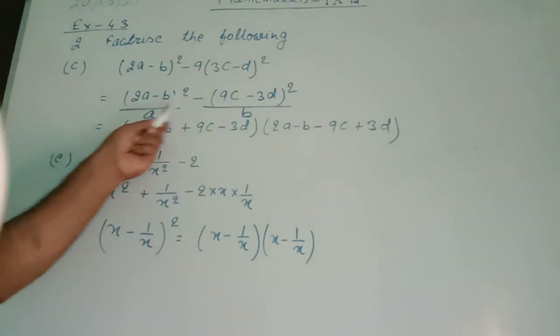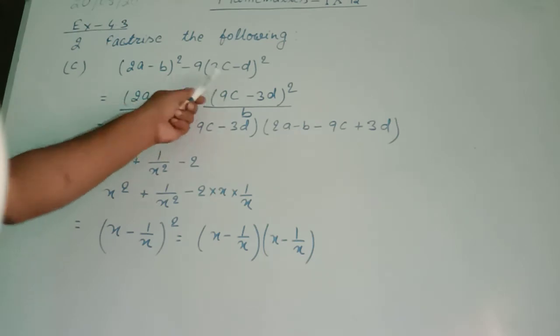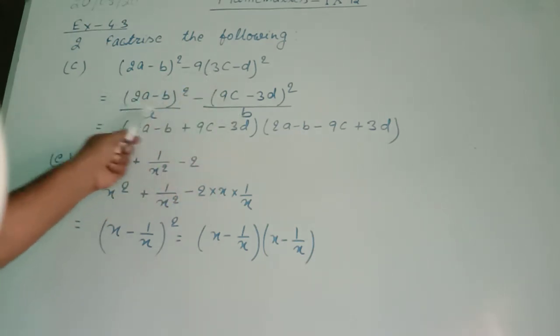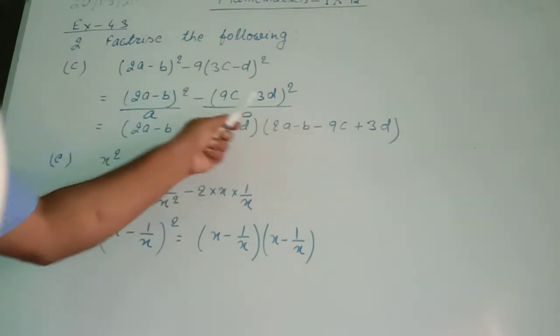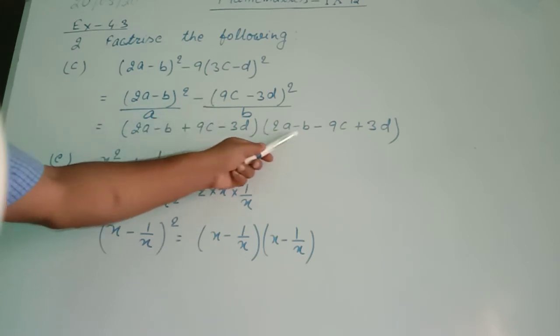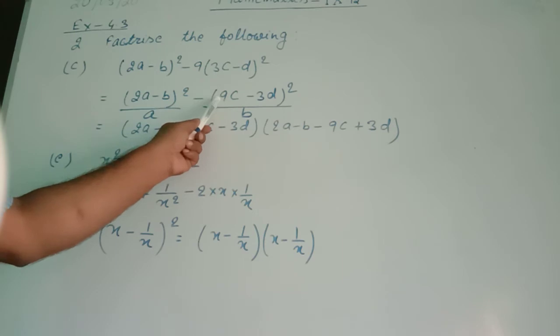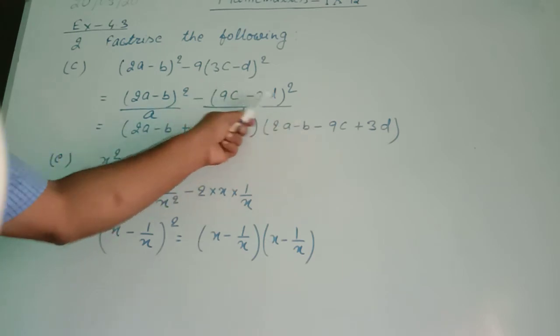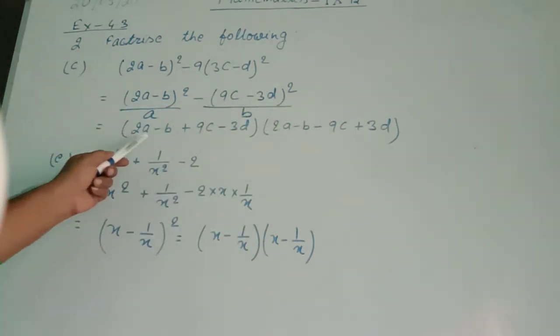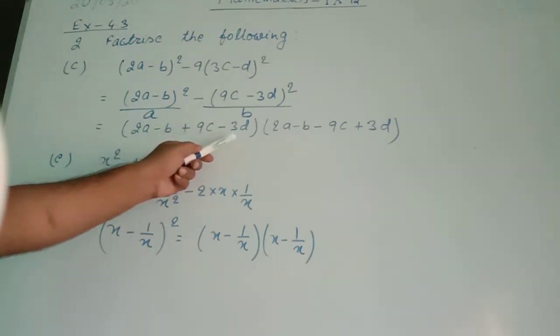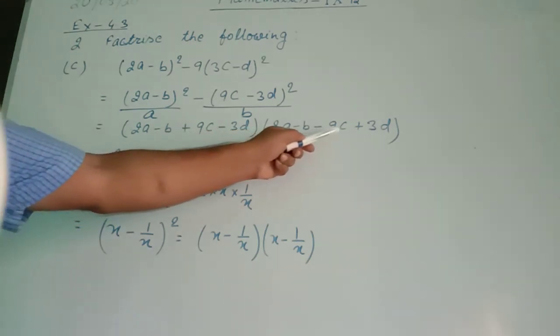So a square minus b square: a plus b I wrote here, and a minus b I wrote here. A is written the same. To write minus b, these two terms will be multiplied by minus, plus minus and minus minus plus. So the answer became (2a minus b plus 9c minus 3d) into (2a minus b minus 9c plus 3d).